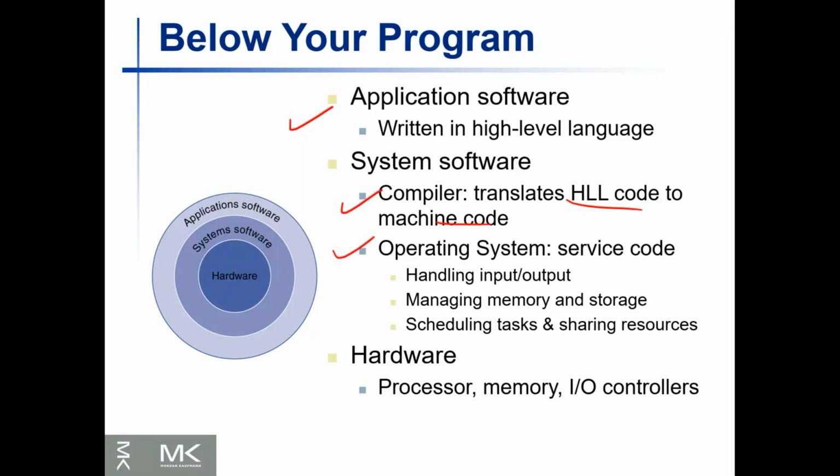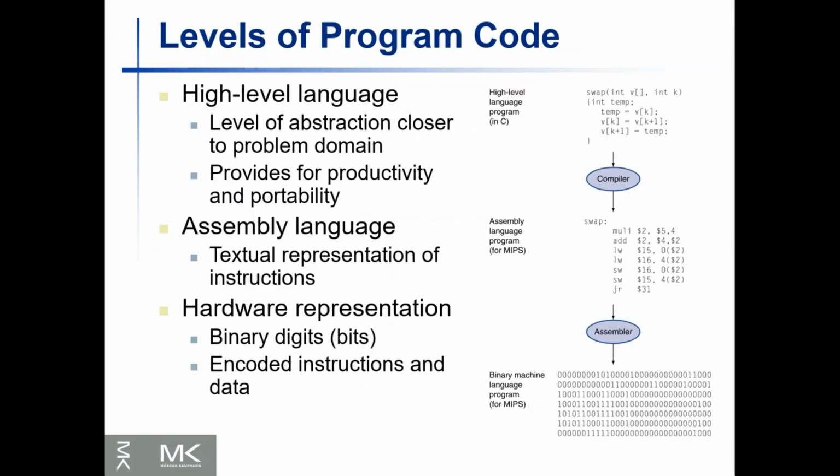Somebody needs to manage all of these things: handling I/O, managing memory, scheduling tasks, which program runs first. That's actually done by the OS. And of course at the lower level is where you have the processor, the memory, and the I/O controllers. This is what I was explaining to you. So we have a high level language which gives you abstraction.